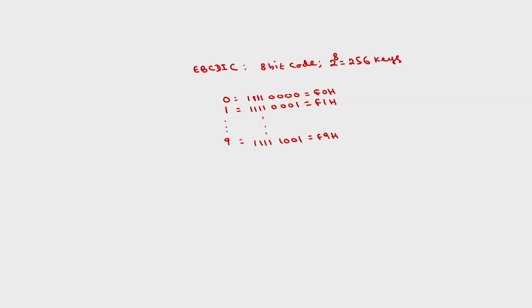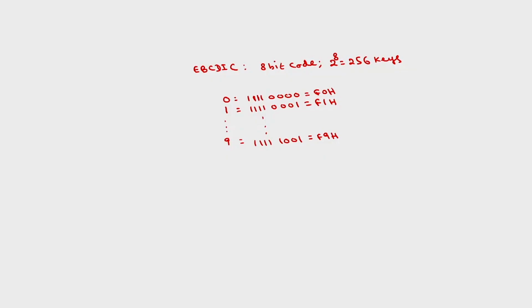Now this particular XLAT instruction will be used to convert ASCII code into EBCDIC code. Corresponding to 0, ASCII, as we have seen in the last slide, is 30H, and EBCDIC is F0. 1 is 31, F1, so on up to 9 is 39, F9. So what is the relation to get the EBCDIC code from the ASCII code?